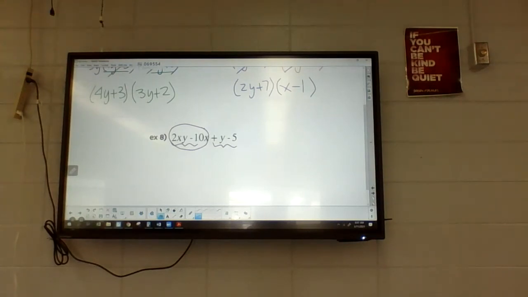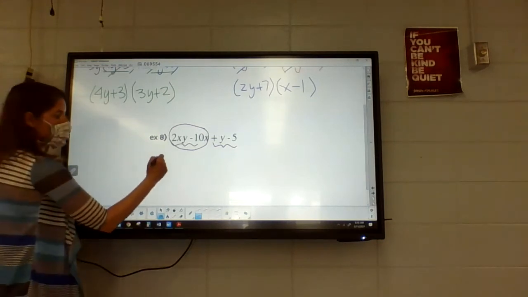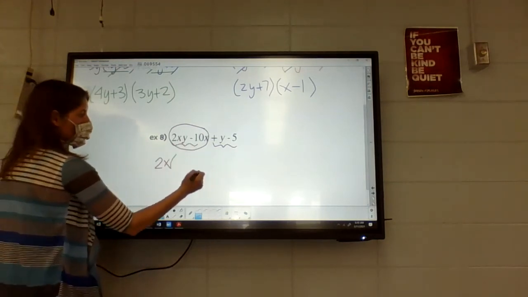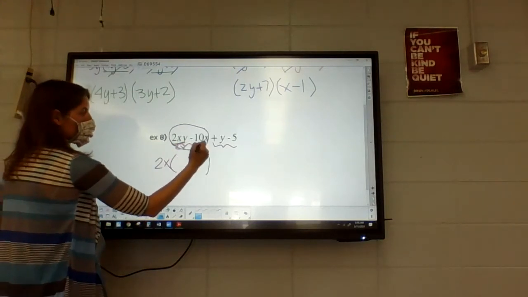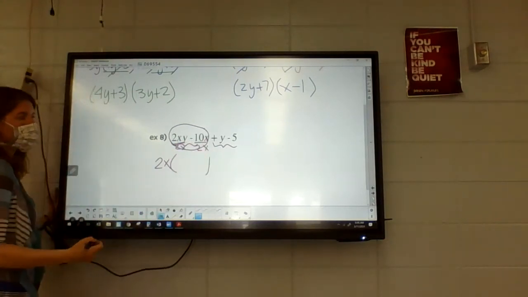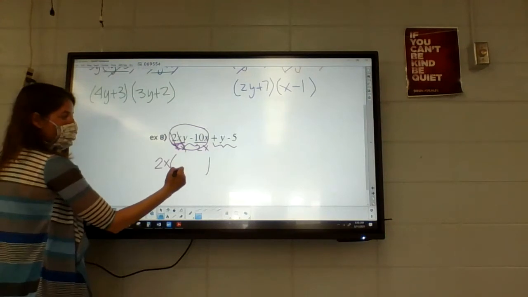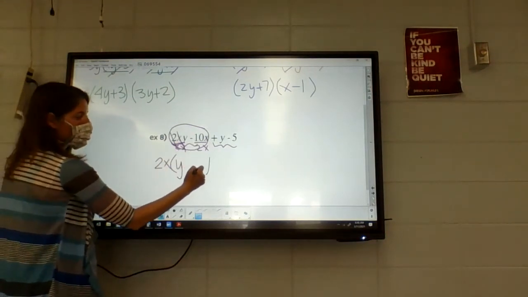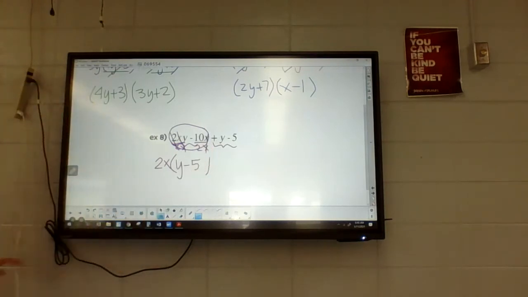Yep, 2 and also x. So dividing 2x out of each of those, the 2x's cancel here. I'm just left with y. The minus 10 over 2x is a minus 5. The x's cancel. Now again, this is another kind of strange one.